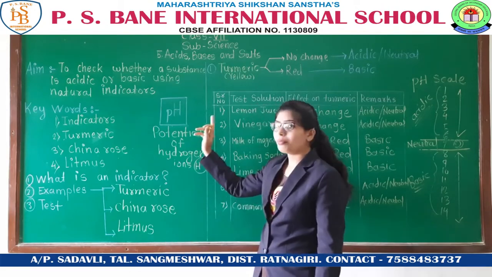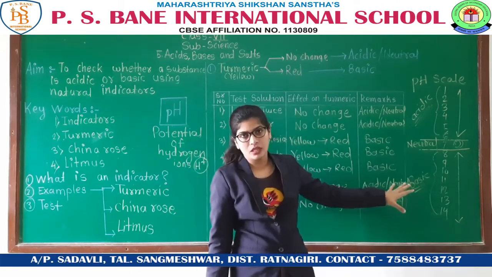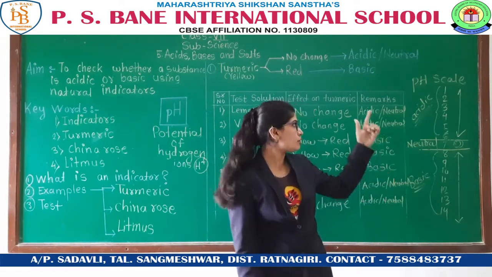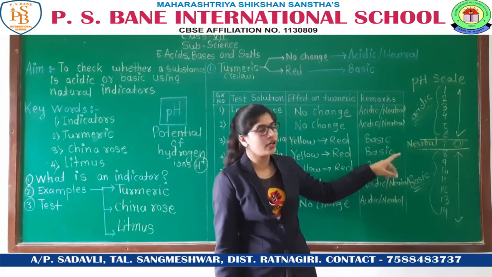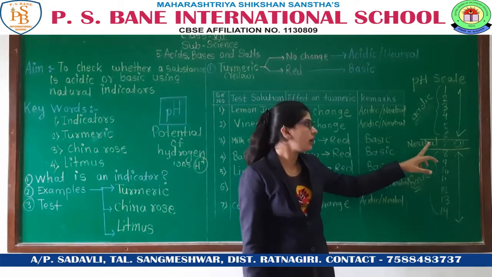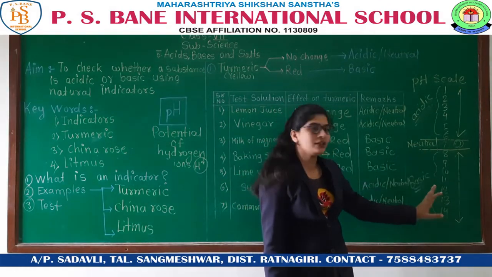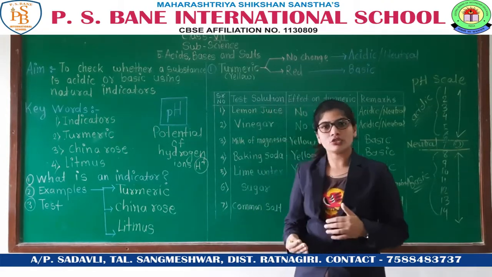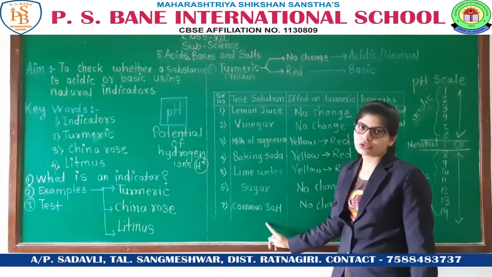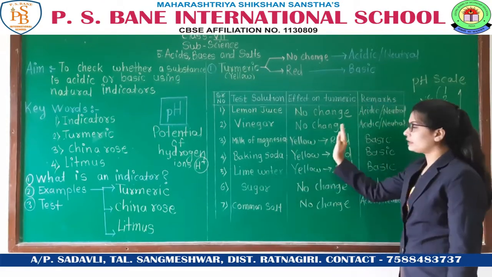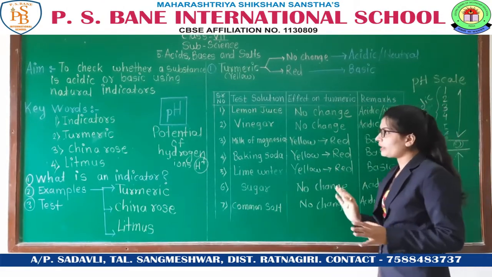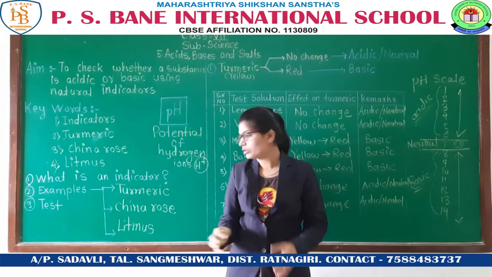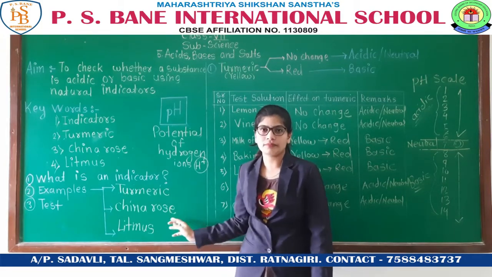Then we have learned about pH and the pH scale. pH means potential of hydrogen. On the pH scale, 1 to 6 is acidic solution, 7 is neutral, and 8 to 14 is basic. Then we have done the activity of turmeric solution using different test solutions and the observation table. So I hope that you have learned about the turmeric solution. Next we will learn about China rose. Understood?